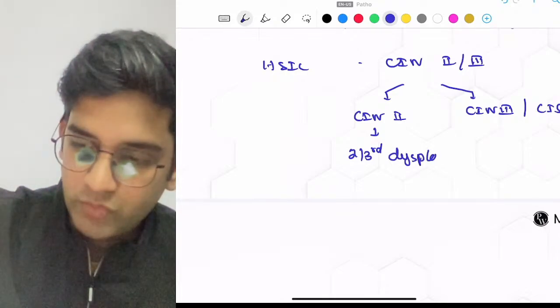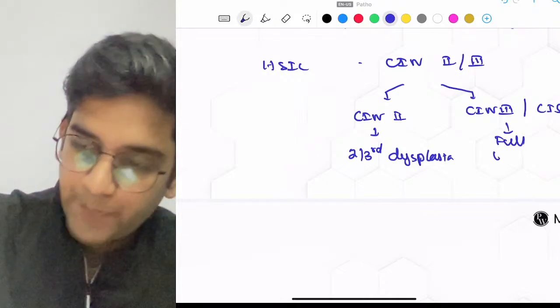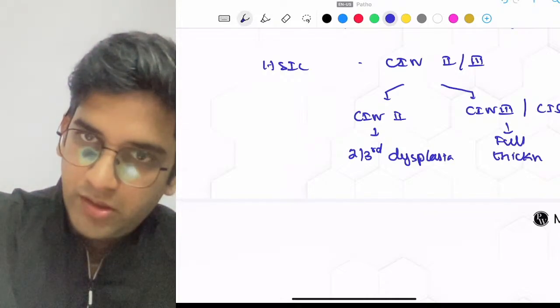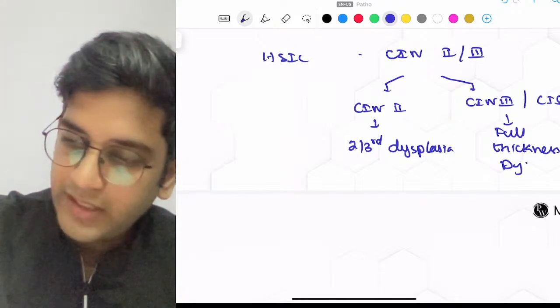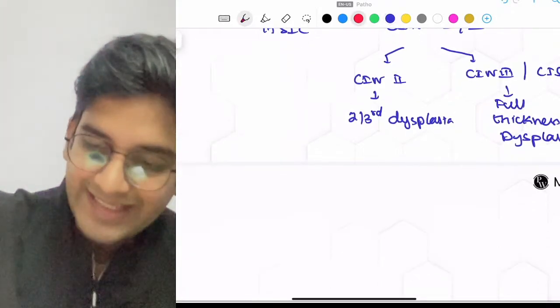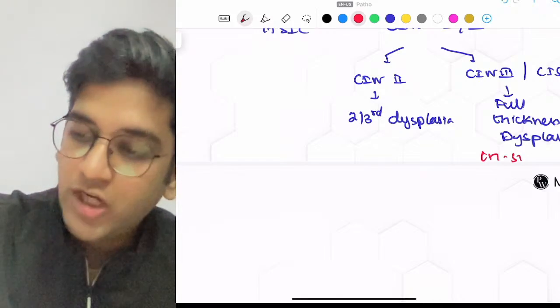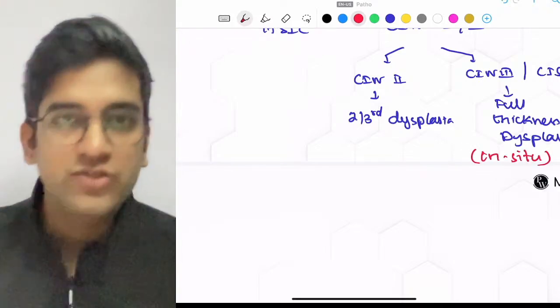I'll call it CIN2. And here it will be full thickness dysplasia. Okay. CIS stands for carcinoma in situ, right? Or a full thickness dysplasia, it is in situ. It is not yet breached, it is sitting inside the epithelium only. That's carcinoma in situ.